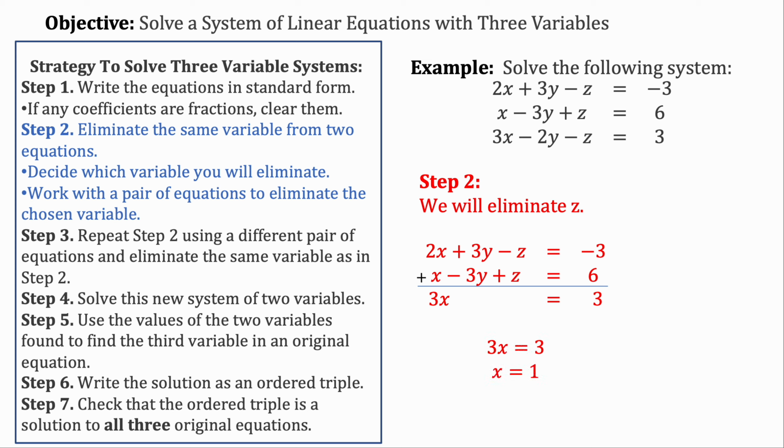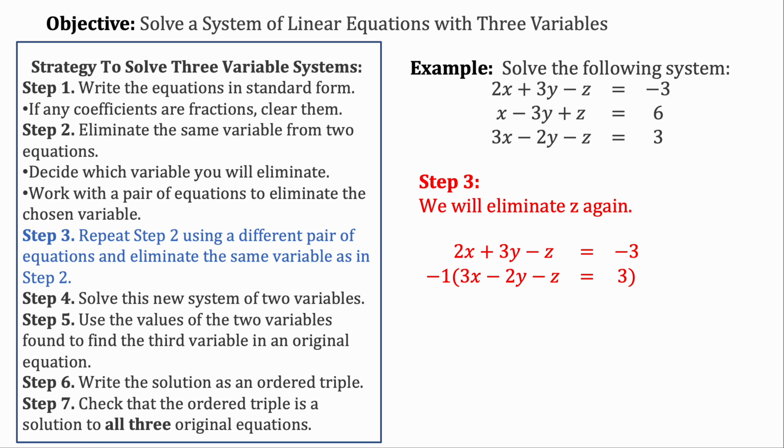Now, you have to repeat step 2, eliminating z again. So if we multiply that bottom equation through by -1, we will change that z term into a positive z. They will be opposites and ready to go. So let's leave our top equation alone and multiply our bottom equation through by -1.